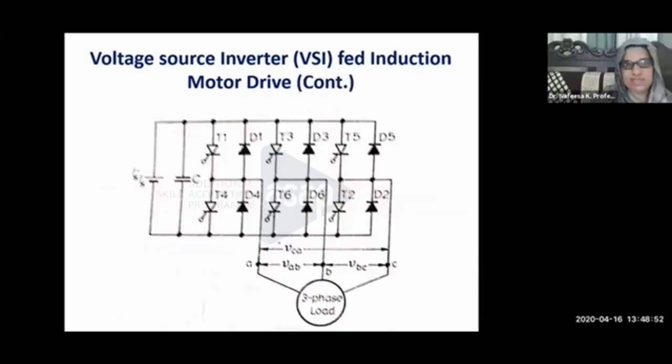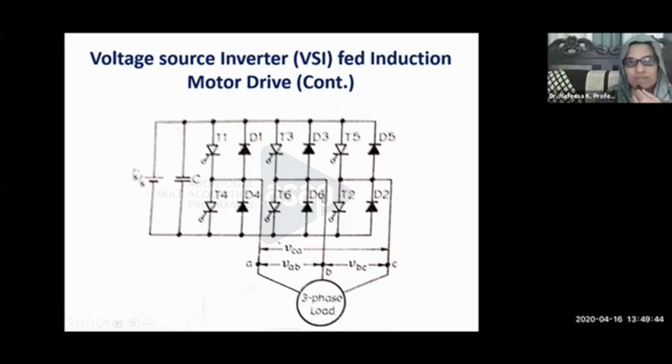This is the circuit diagram of the voltage source inverter for induction motor drive. The input to this inverter is a DC voltage represented by Vs, and it has 6 thyristors named T1, T2, T3 up to T6, and 6 feedback diodes D1 to D6.